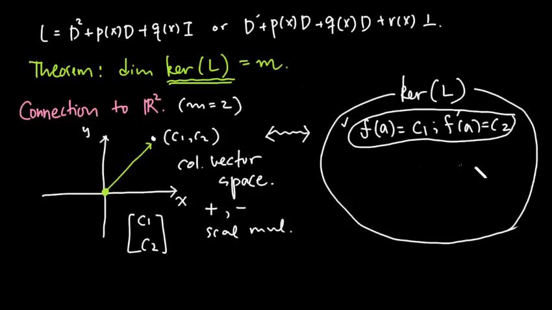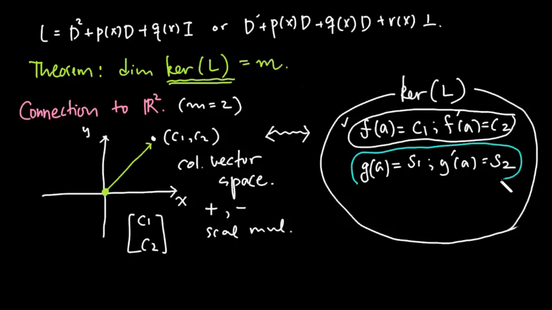And if you choose different values, say a second function with a different pair of initial conditions, s1 the function value and s2 the derivative value, there will be a different point here, s1 comma s2, and again we would like to look at this as a column vector.